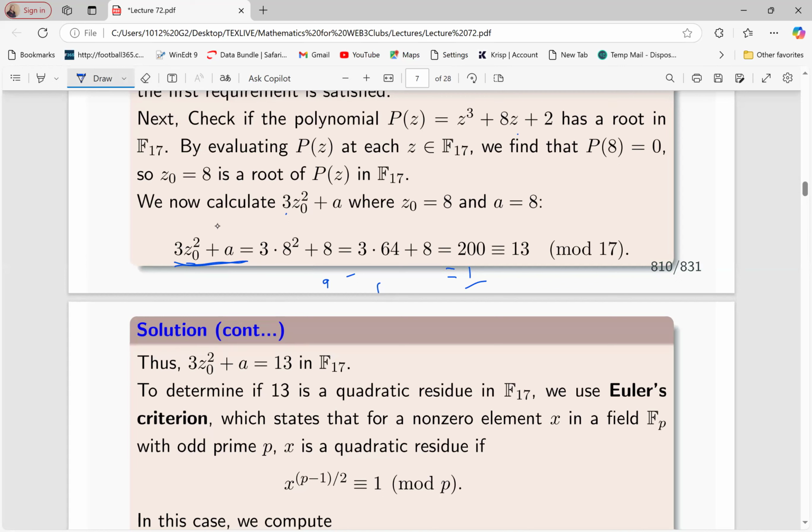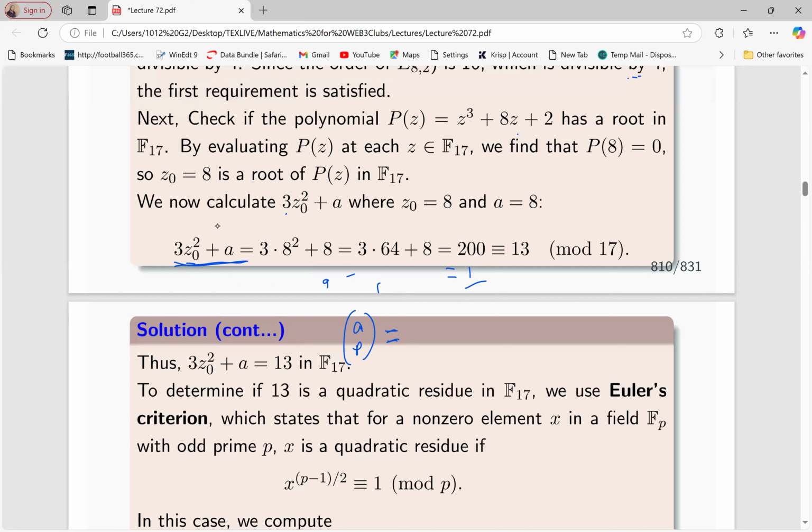So how do we tell that something is a quadratic residue mod P? A is a quadratic residue mod P if A raised to P minus 1 divided by 2, mod P, is 1.